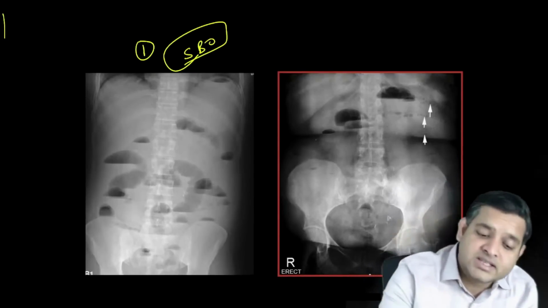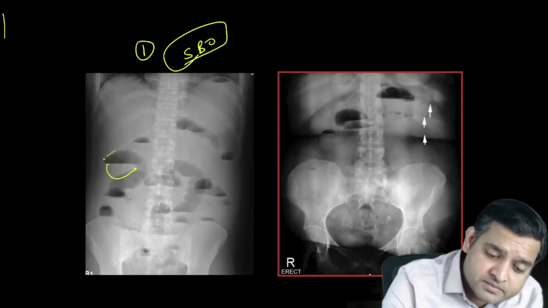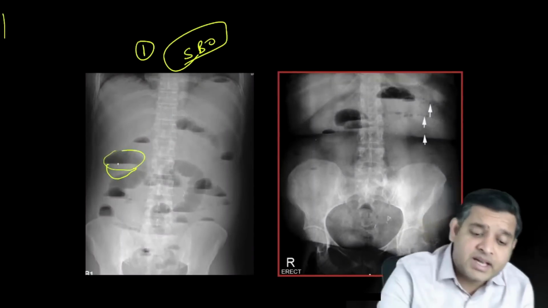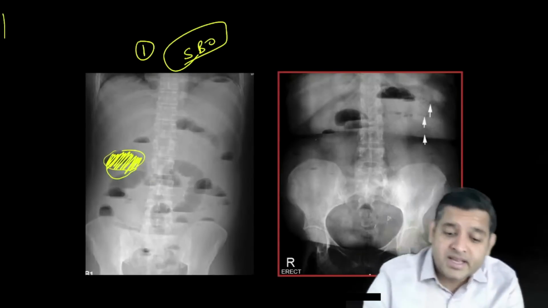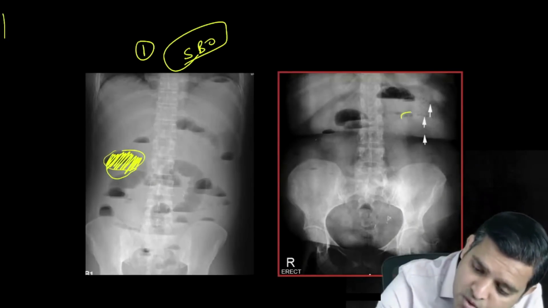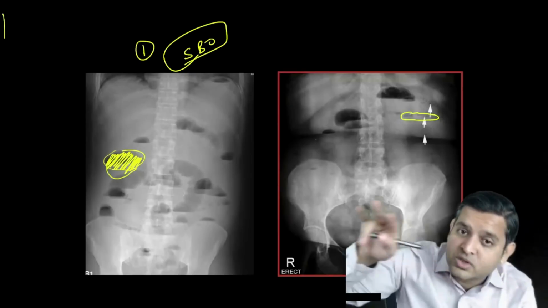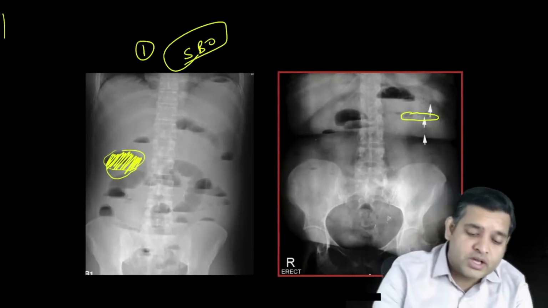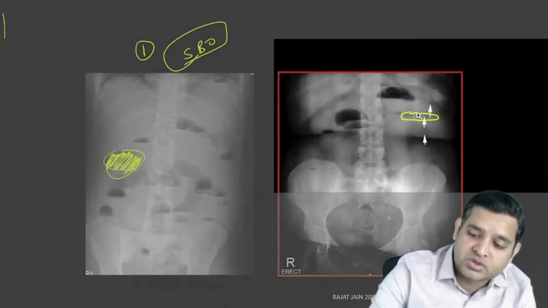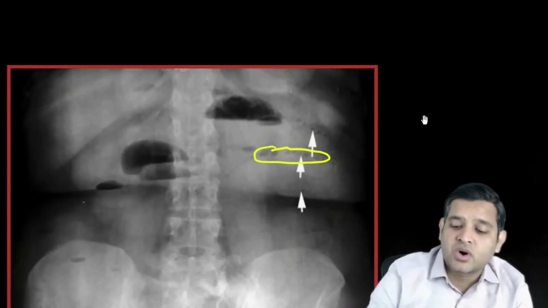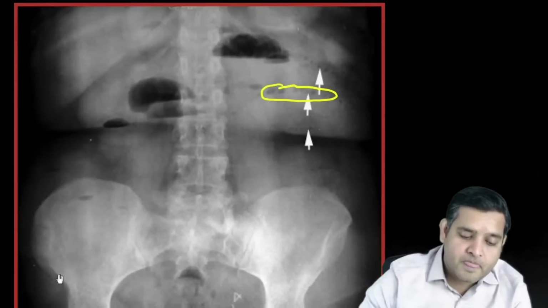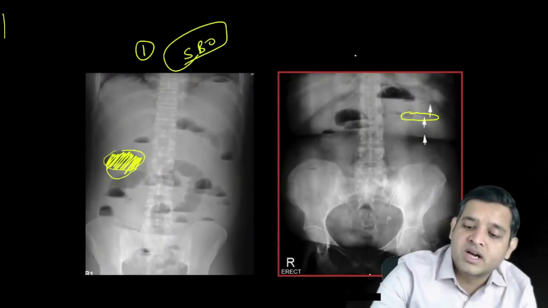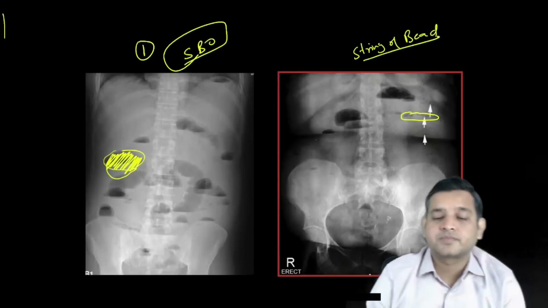Now these air fluid levels are seen because you are seeing the fluid as well as air. Sometimes when the entire bowel loop is filled with fluid, these air fluid levels are not seen. But in these cases, small foci of air are seen adjacent to the wall, as you see here, and this is called a string of bead appearance.